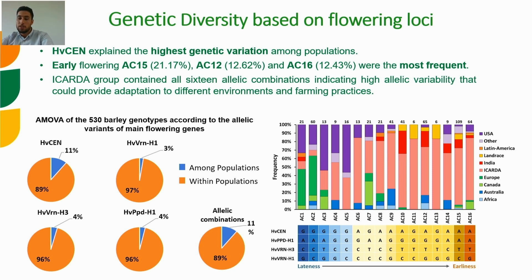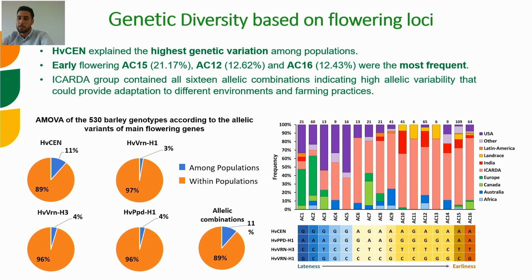Also, early flowering allelic combinations, mostly AC15, AC12, and AC16, were the most frequent and characterized mostly 6-rowed genotypes from Icarda, India, and landrace origins. Late flowering allelic combinations were frequent mostly in the genotypes from Europe, USA, and to a lesser extent Canada. However, the Icarda material contained all 16 allelic combinations, indicating high allelic variability that could provide adaptation to different environments and farming practices.